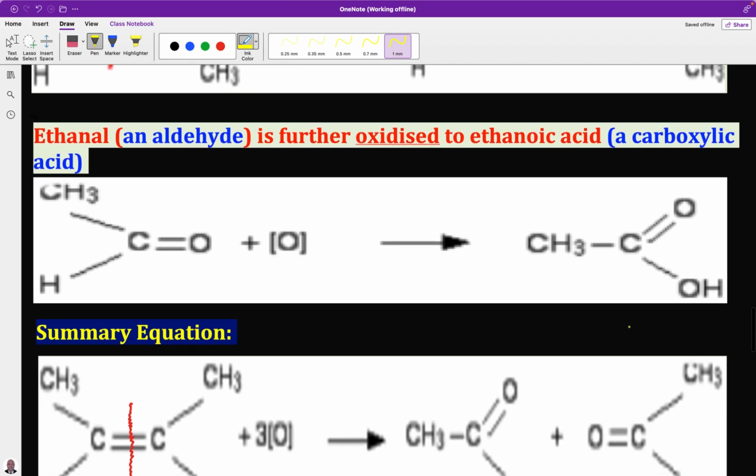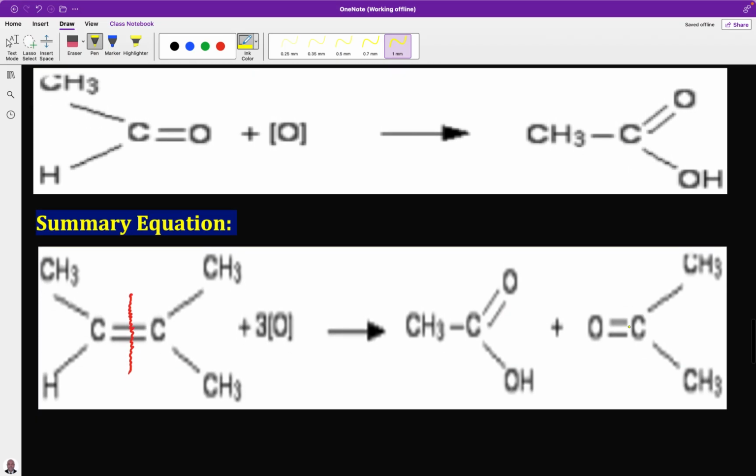And we are summarizing here that where there is an alkyl group and a hydrogen atom on one side of the molecule, after splitting, that molecule will result in an aldehyde, and the aldehyde will further be oxidized to a carboxylic acid, and that is how you can have a summary of this equation like this.